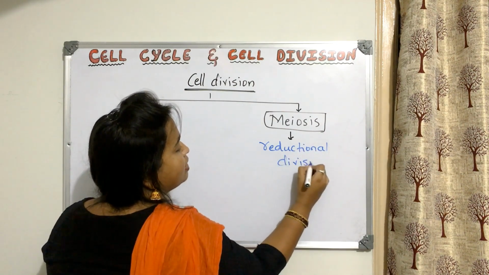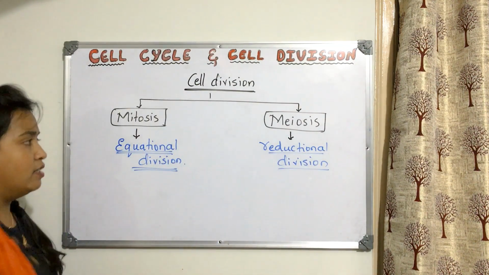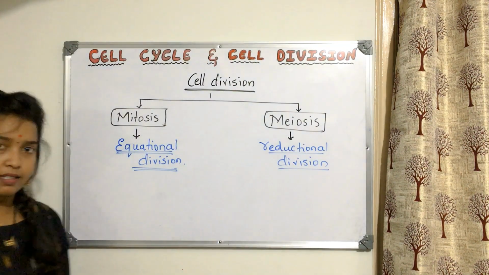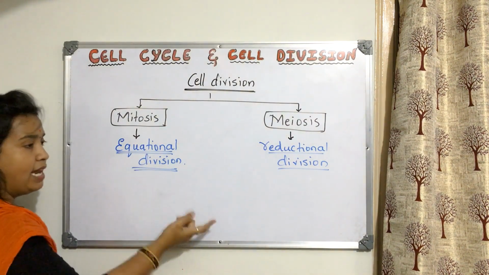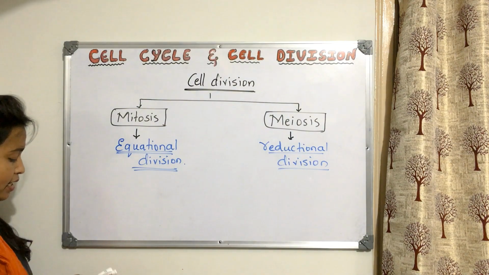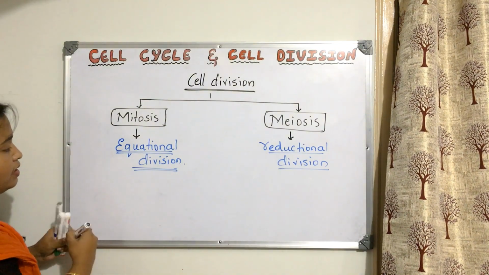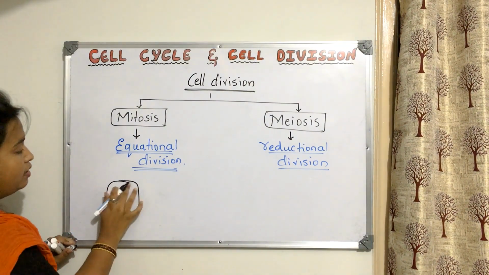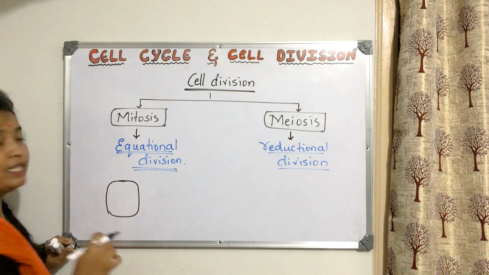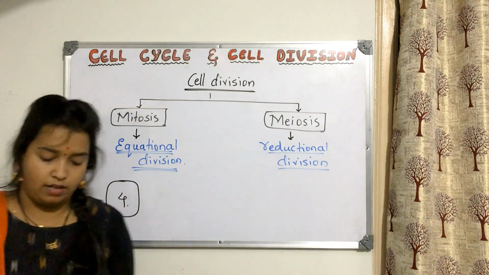Why is it named like this? The best and easy method to understand this: let us consider what happens in mitosis. First I will explain, then I will tell you why it is equational. So let us consider this is a cell. Or let us consider this is a person who has 4 chocolates. Just an example.